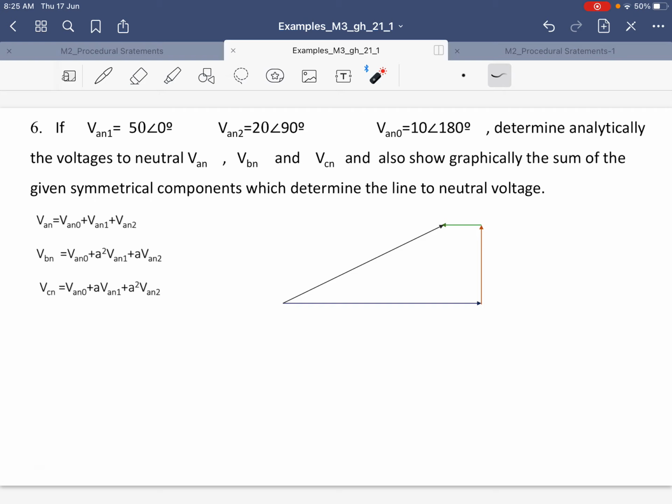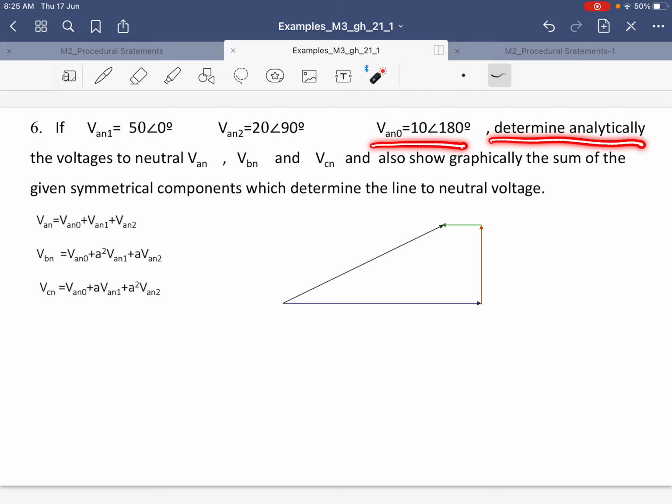In the example, the values of the sequence components are given: the positive sequence voltage VAN1, the negative sequence voltage and the zero sequence voltage.